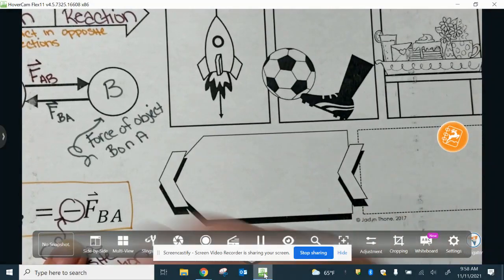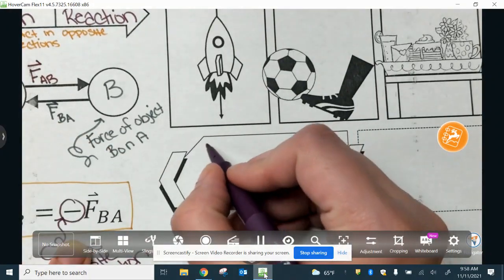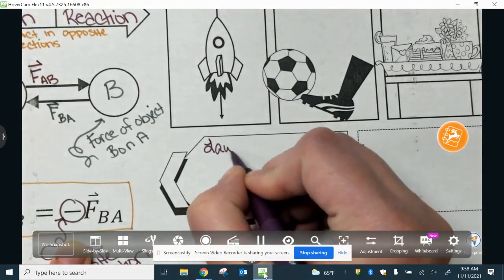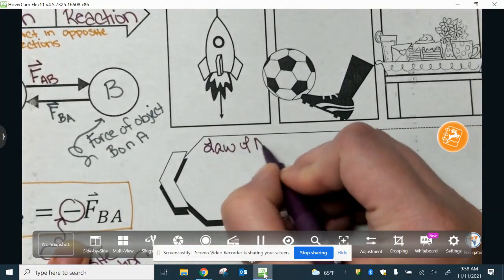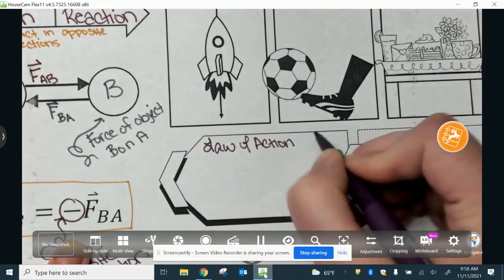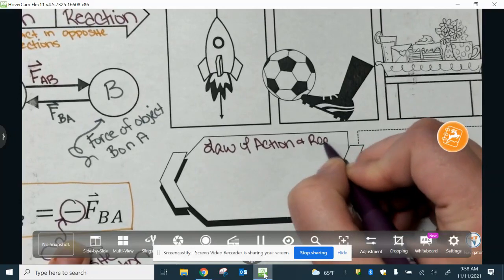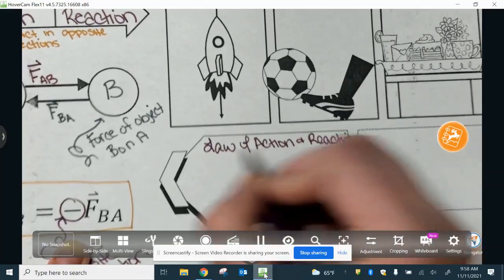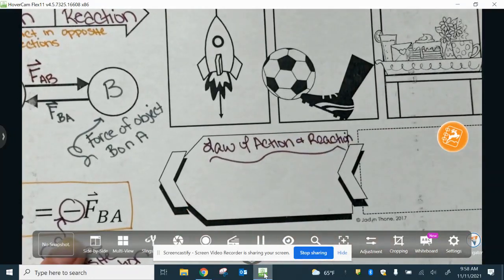All right, let's start again. So the law of action and reaction. That's what we're talking about.